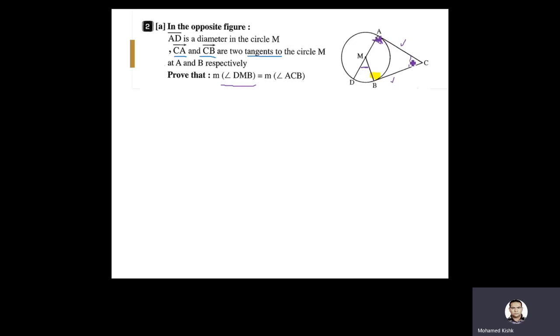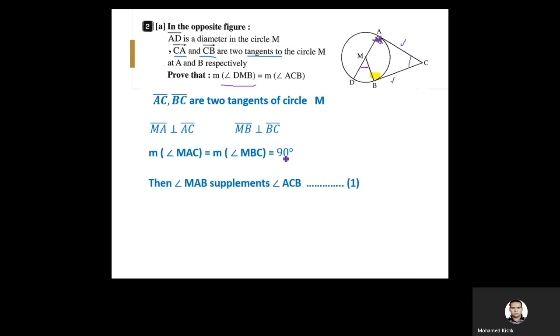We have measure angle C supplement with angles A and B. So angle C and the angles A and B are supplementary. Their sum equals 180 degrees.